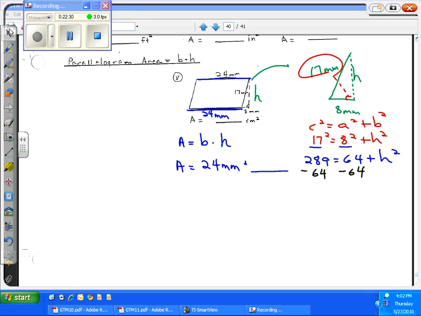And now we're going to undo. We're going to subtract 64. We'll get 225 equals h squared. We're going to get rid of the square with the square root, and so we get the height is 15 millimeters.